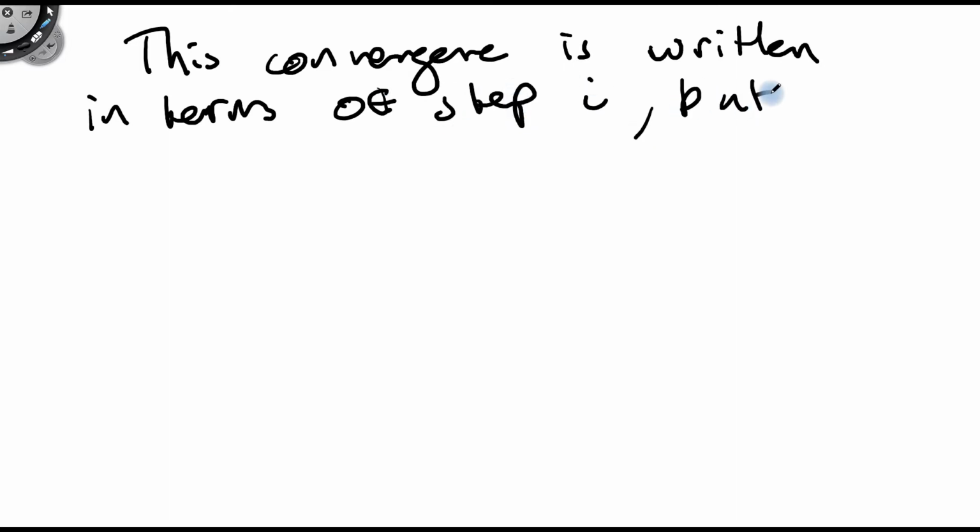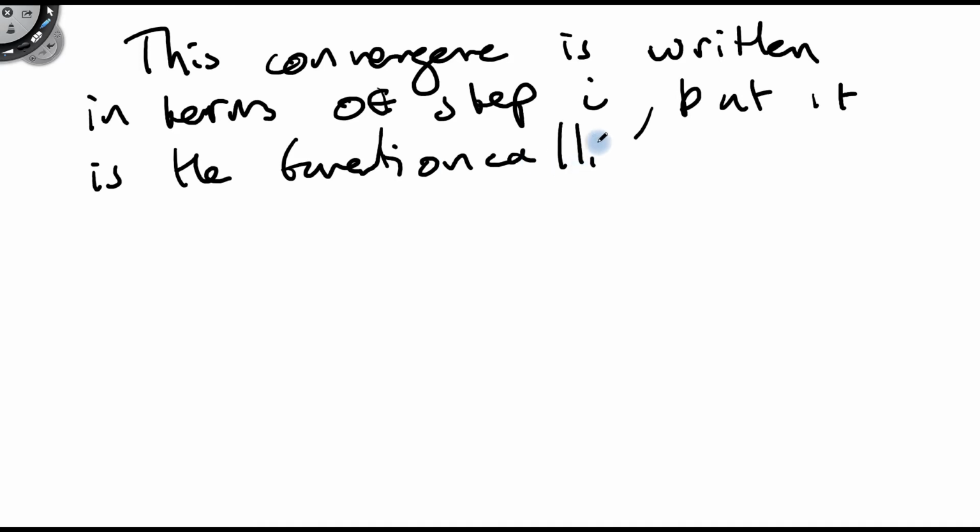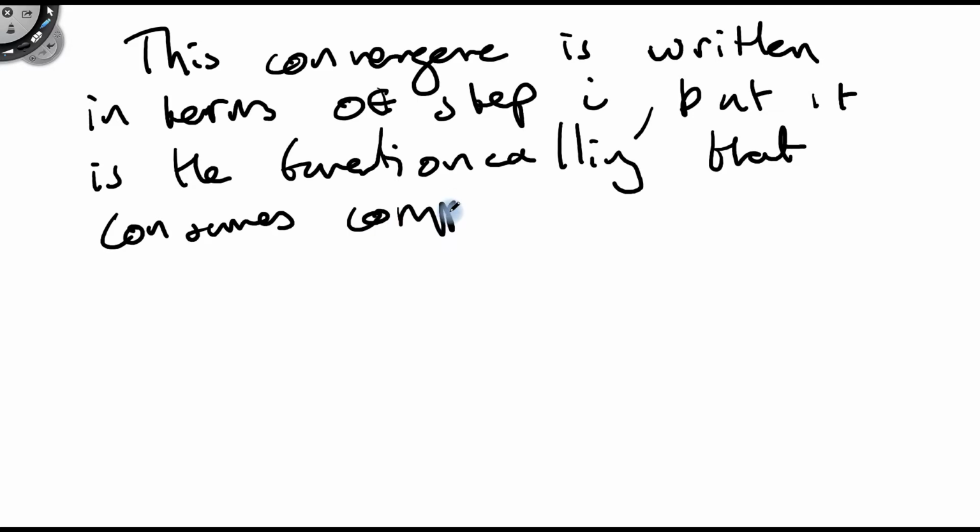But the function calling, i.e. the function at c plus epsilon, c minus epsilon, that consumes computational effort, should we say computational time. So we really want to rewrite it in terms of number of function calls.